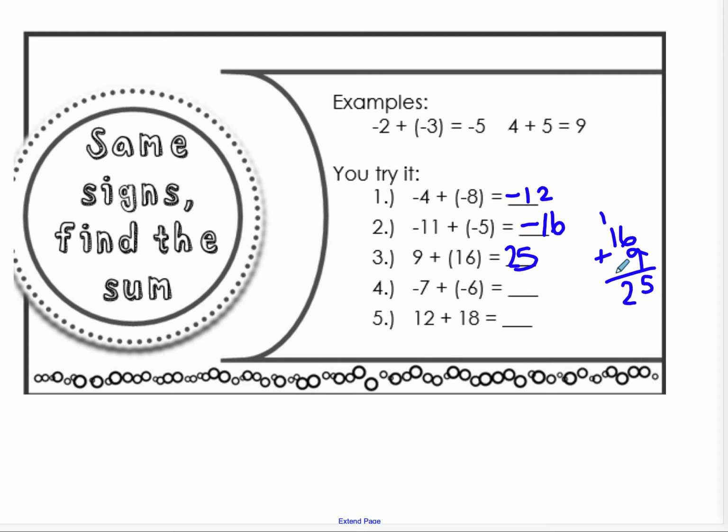Okay, and then for number 4 here, -7 plus -6, that's going to be -13. 7 plus 6 is 13. Two negative numbers, negative answer. And then number 5, 12 plus 18, that's going to give us a positive 30.